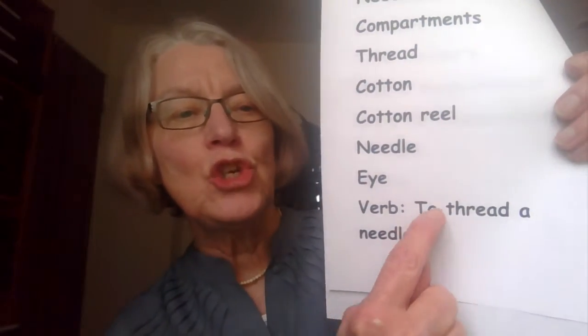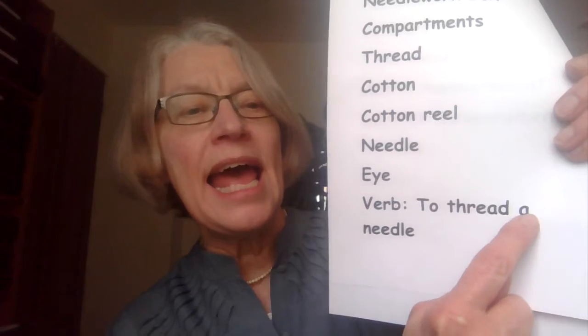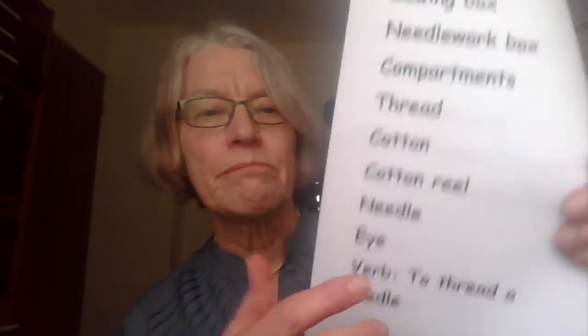And we call the action of doing that to thread a needle. So the verb is to thread a needle. A sewing needle used for hand sewing is a long slender tool with a pointed tip and a hole at the other.